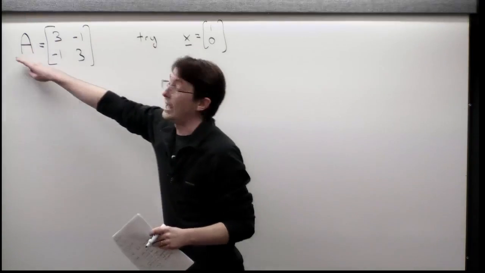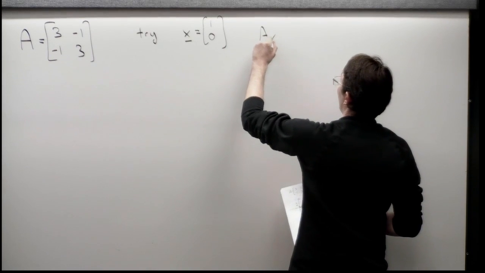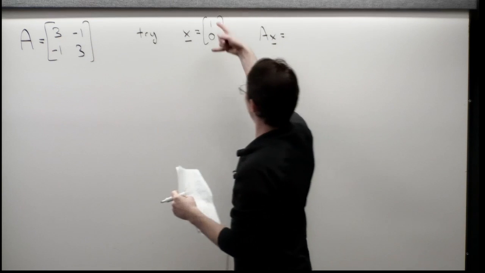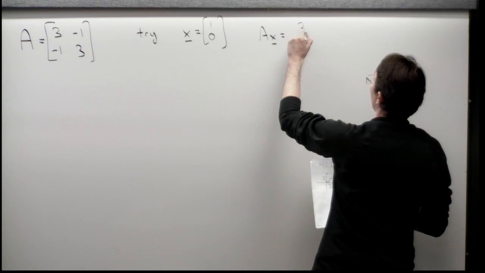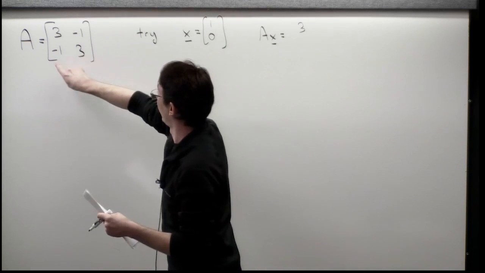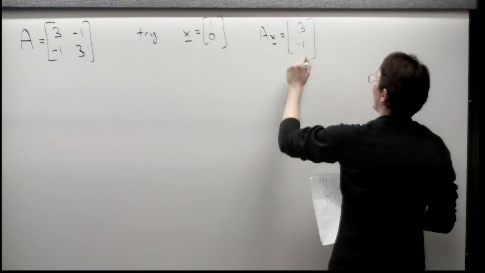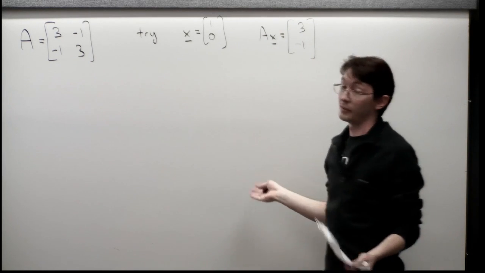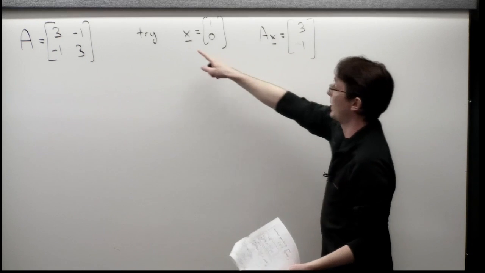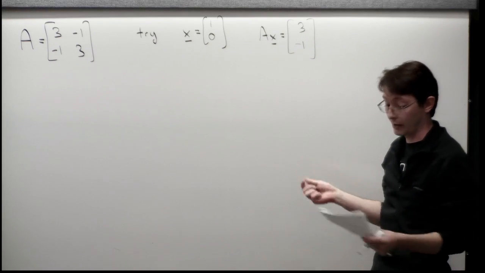What is A times x? I multiply and I get 3 plus 0 on the top, and then I get minus 1. So A x does not equal some number times x. There's no lambda times x that would give me this. They're pointing in different directions.